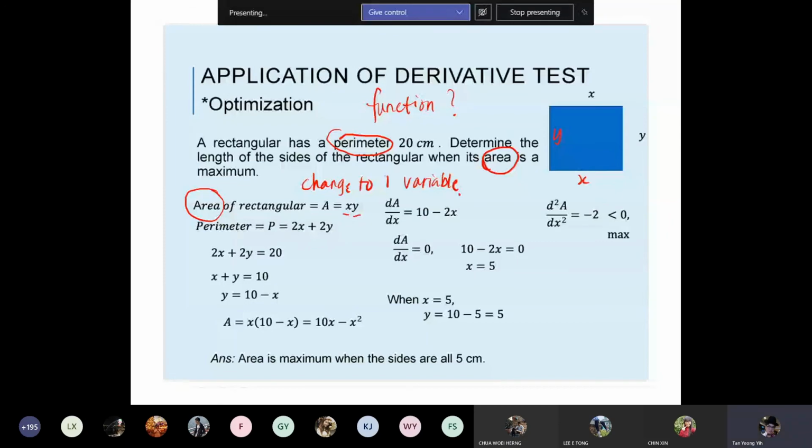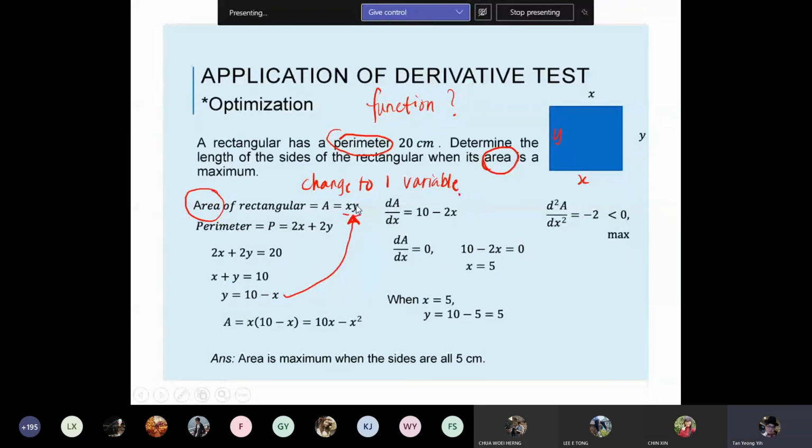Now you can replace the x with y or replace the y with x. It's up to you. If we want to replace the y, we bring over the x. The y is 10 minus x, so we replace the y with 10 minus x.